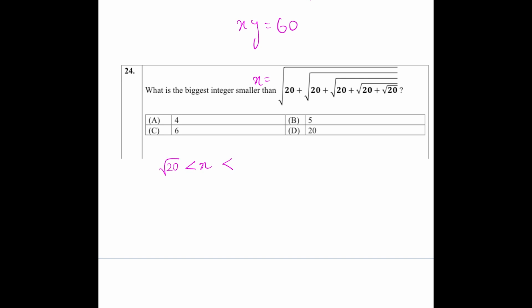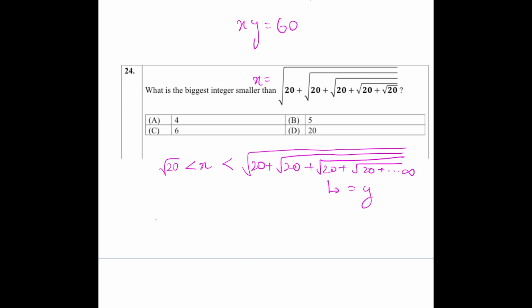And it's less than the infinite sequence, that is 20 plus root over 20 plus root over 20 plus root over 20 up to infinity, right? So let's say this thing here equals Y. So Y equals root over this thing here.